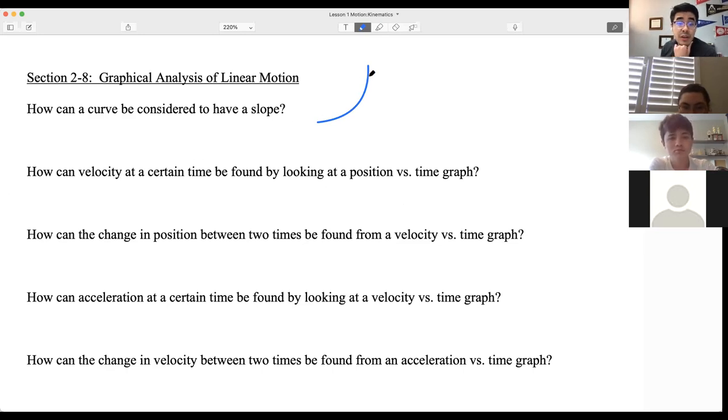We can find 2 points and draw a line through them like that. The better way is to pick a single point and draw a tangent line. Or you can pick 2 points that are really, really close together too.